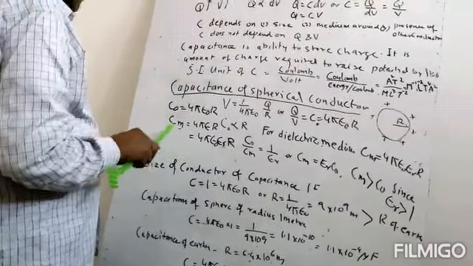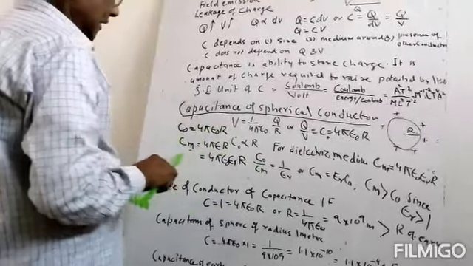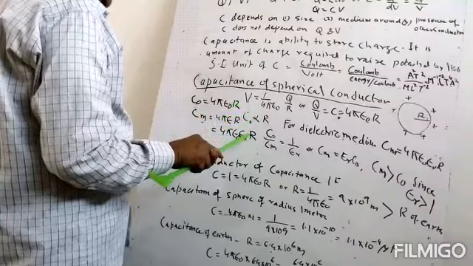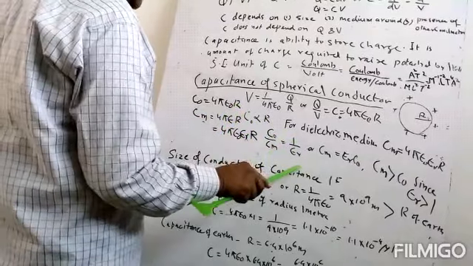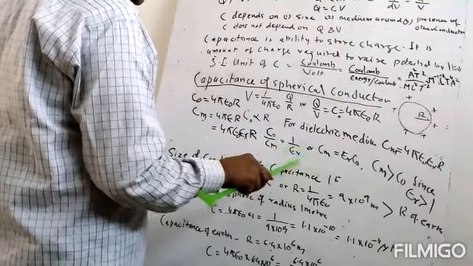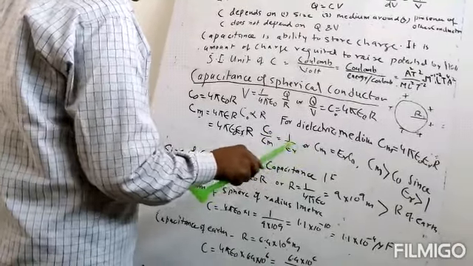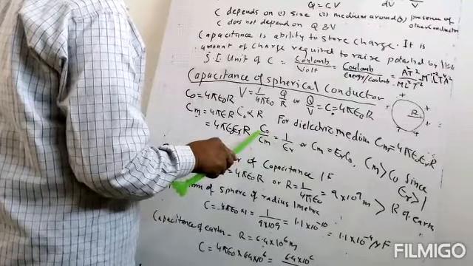So if we divide C0 by Cm, then 4 pi epsilon 0 and R cancel, and it will be equal to 1 by epsilon R, which is the dielectric constant. So Cm will be equal to epsilon R multiplied by C0.